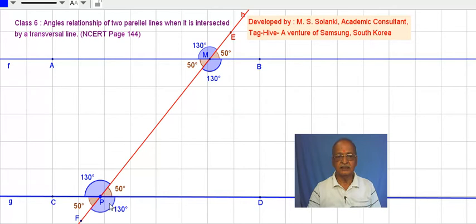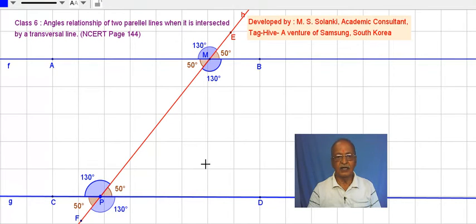And similarly for this angle also, we can say this angle is right side of the transversal and below the parallel line. So these are the four pairs of corresponding angles. One pair, this is the second pair, this the third pair, and the fourth pair of corresponding angles are equal.